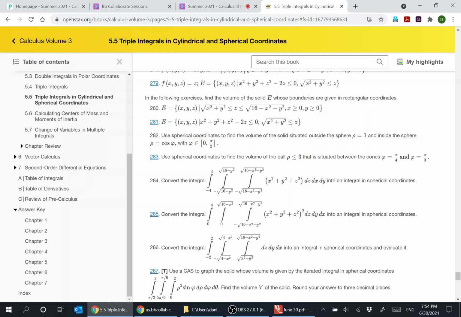So apparently you need to change it into spherical coordinates. So in 286 right here, convert the integral, this dz dy dx, into an integral in spherical coordinates and evaluate. So again, 286 is this cone business. It's the snow cone again. I think we already calculated that one.